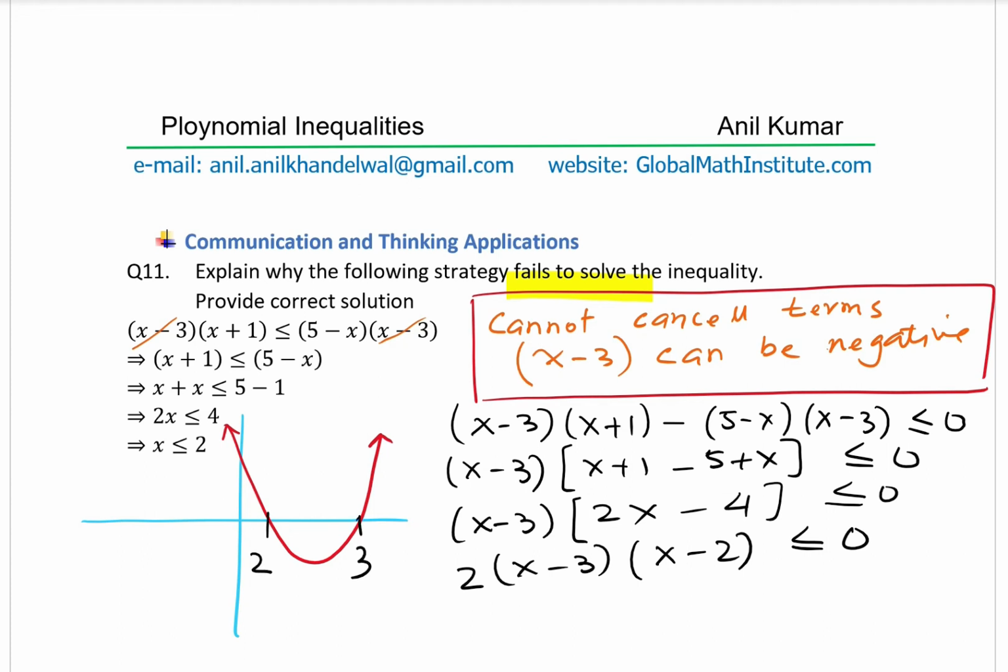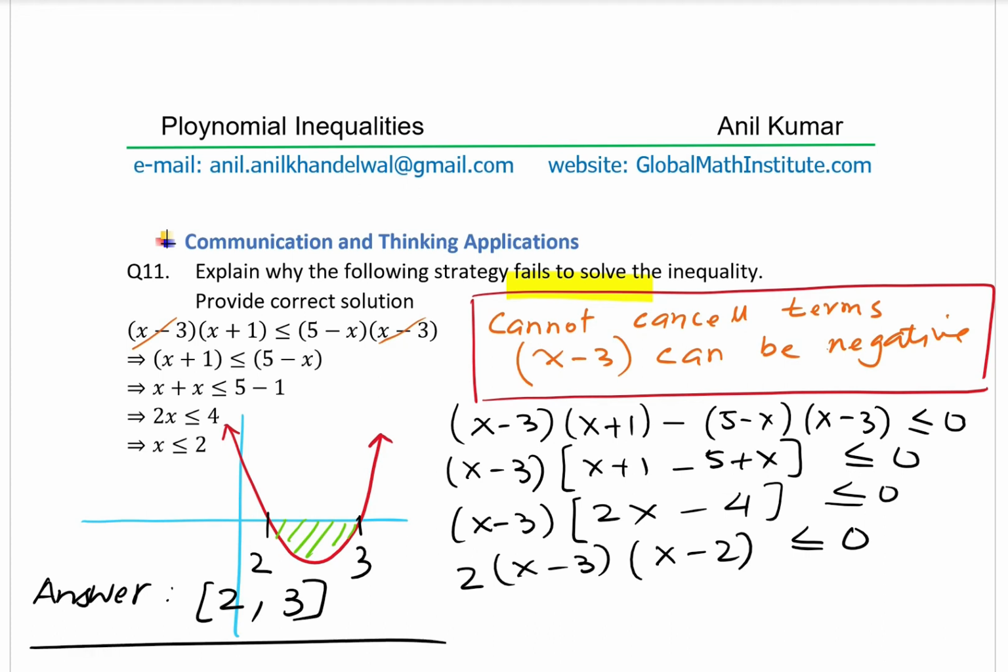We are looking for something which is less than 0, and therefore the solution is in this interval. And we can now write down our answer as between 2 and 3. Perfect. So that is how we are going to write.